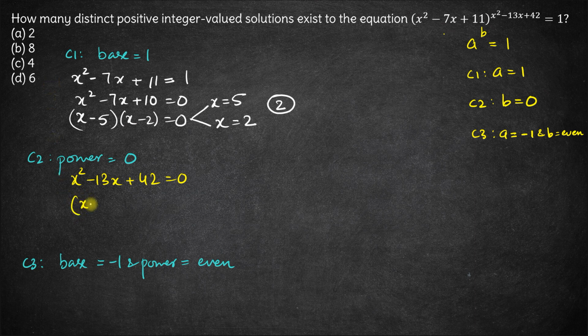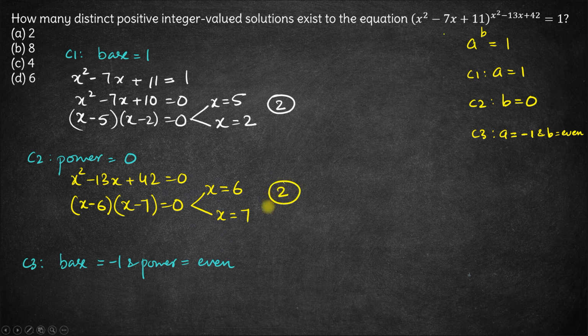So we can factorize this as (x minus 6)(x minus 7), which is equal to 0. So either x minus 6 will be 0, giving x equals 6, or x minus 7 will be 0, giving x equals 7. So again we have two possible values of x.